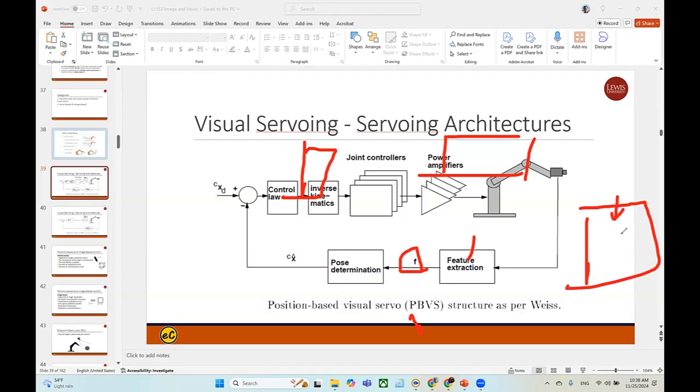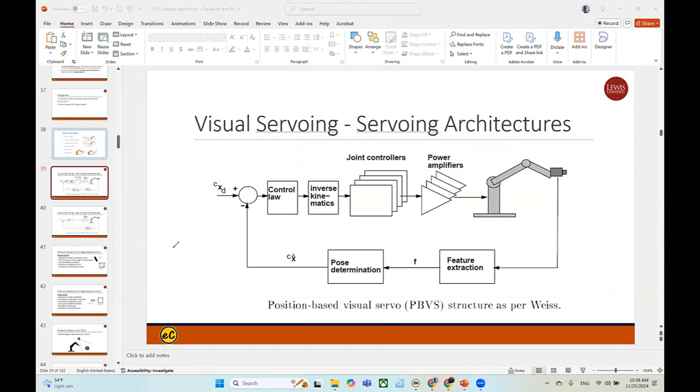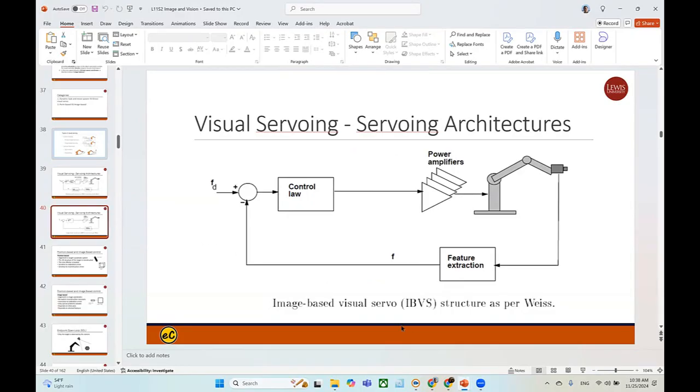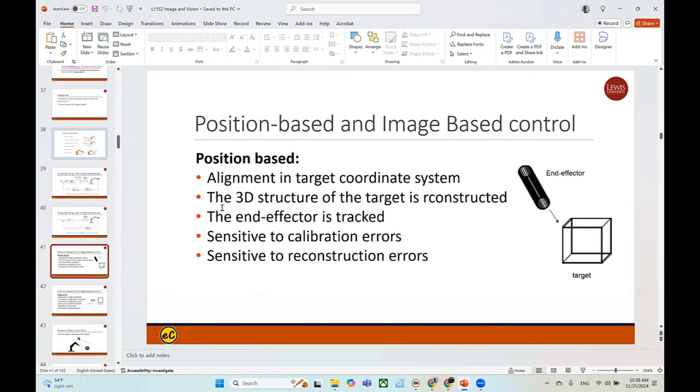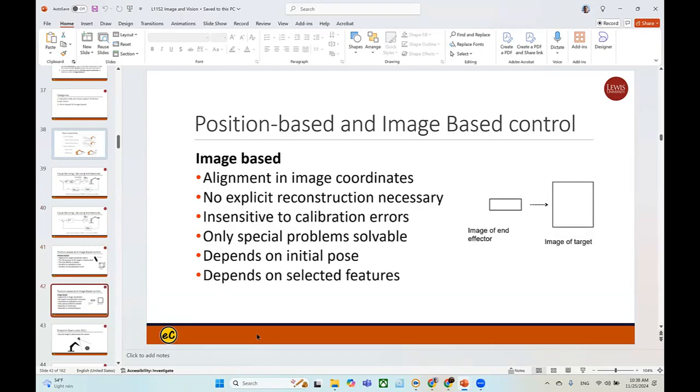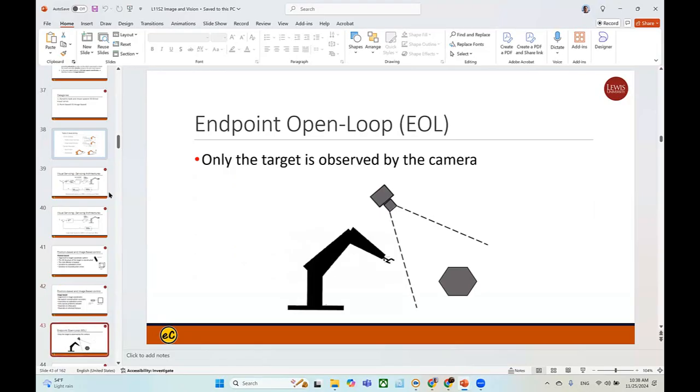That picture inspection type of camera, we call image-based, and we know that Tesla is purely image-based. And this one is image-based servo. There are some pros and cons about each one, and you choose.